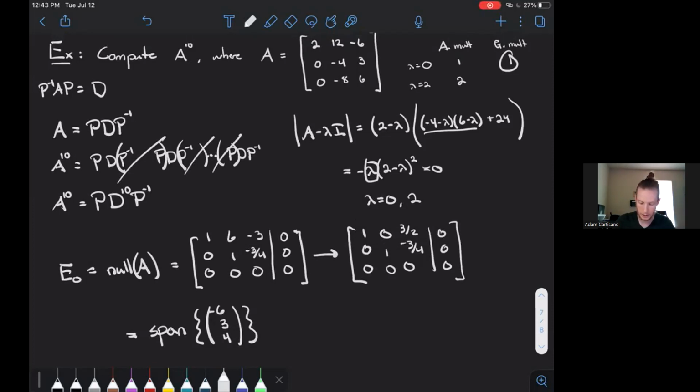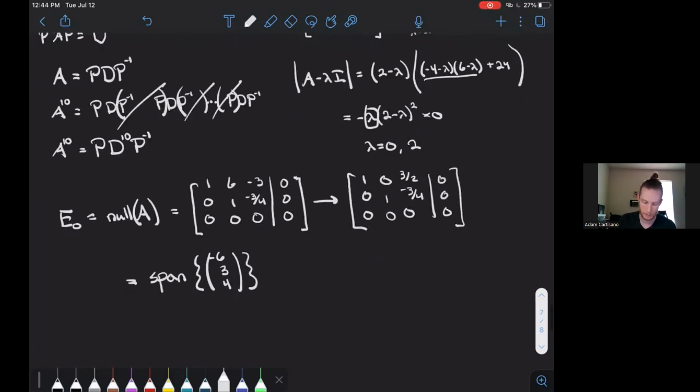So I missed a minus sign. Well, there we go. Okay, so -12 plus 36 minus 24 is 0. 0 minus 12 plus 12 is 0, and 0 minus 24 plus 24 is 0. So this is a basis of E0. Again, notice it's one-dimensional, so the geometric multiplicity is 1.